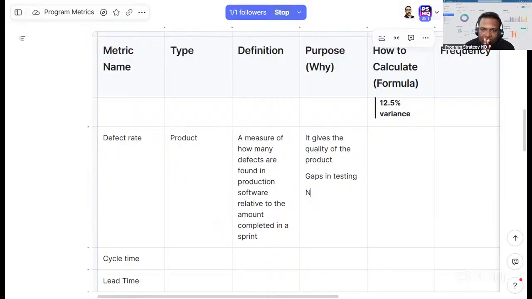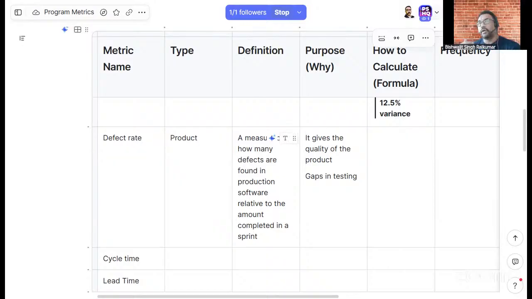Not capturing all the requirements, right? That should come out. There can be many. But considering the fact that the PO has done his work and the developers have understood the user stories, it could still happen that there is a gap in testing or code coverage.